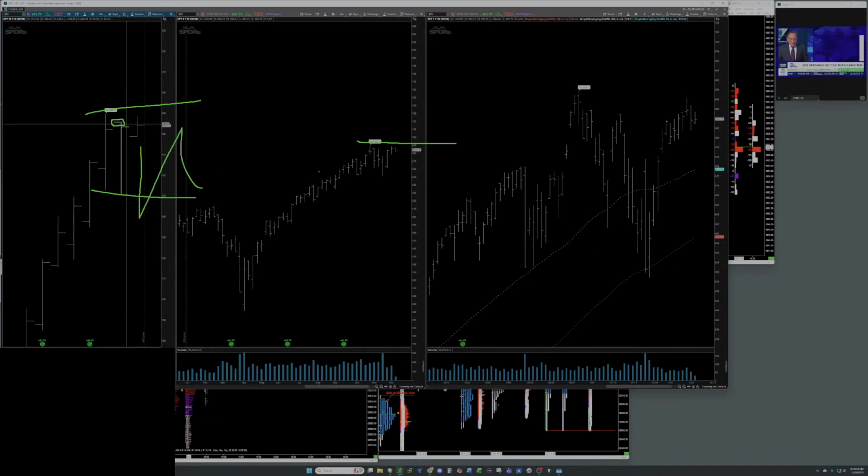Maybe this is what is coming here. We may see some upside here, following this, and then this can be the area that's within 680 and 690. Oh, very interesting.